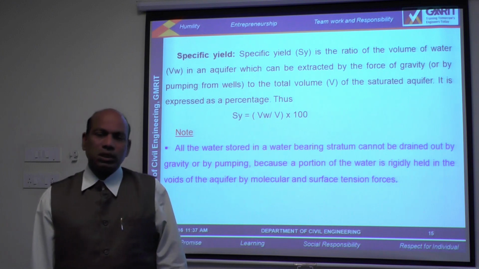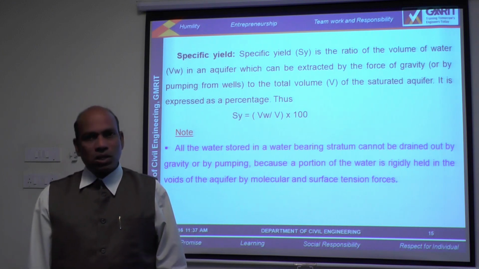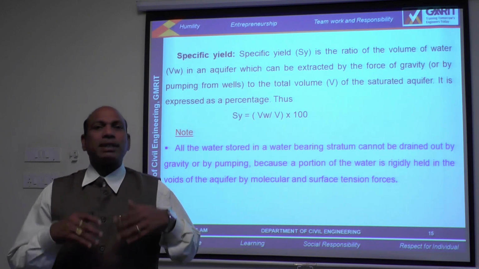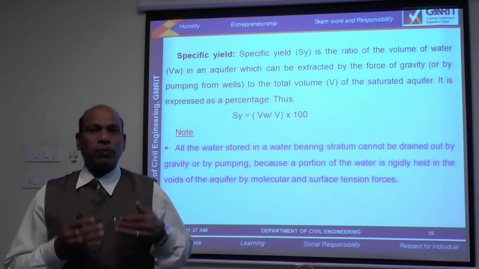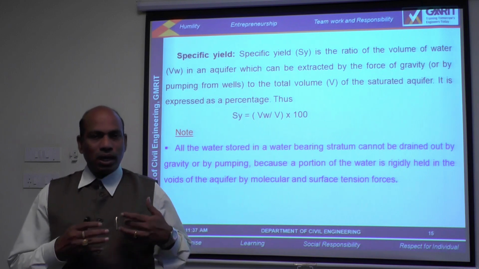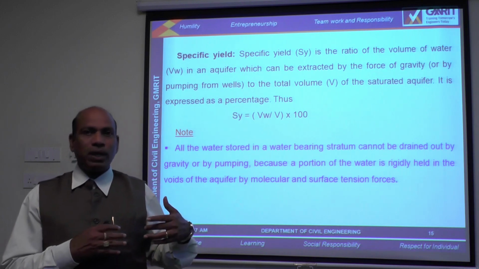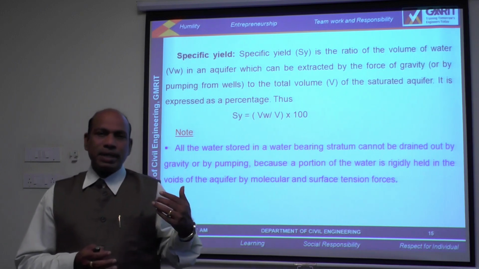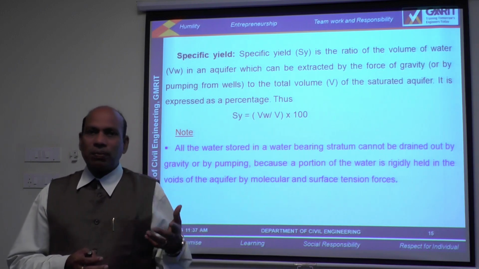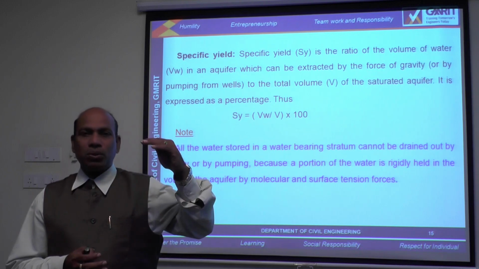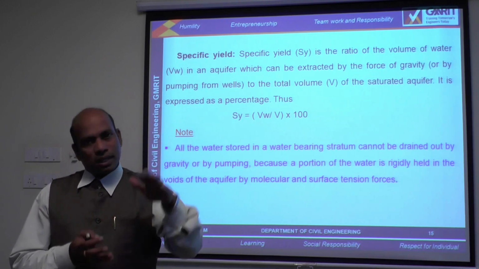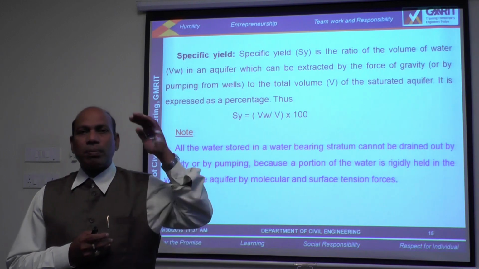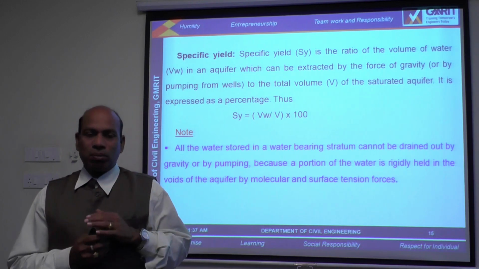Specific yield. Specific yield is the ratio of the volume of water that is extracted from the aquifer to the total volume of the saturated aquifer. Here, saturated aquifer means, in the case of an unconfined aquifer, the zone from the water table to the bottom surface, which is the saturated zone, whereas in the case of a confined aquifer, it is from the piezometric surface to the bottom layer.